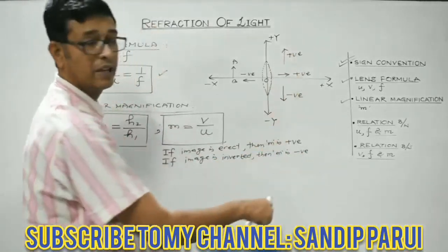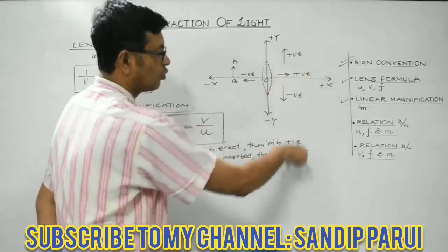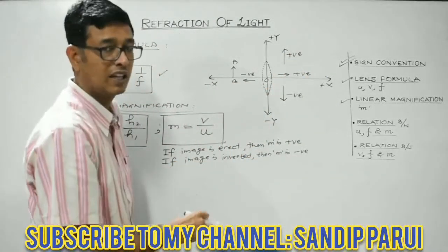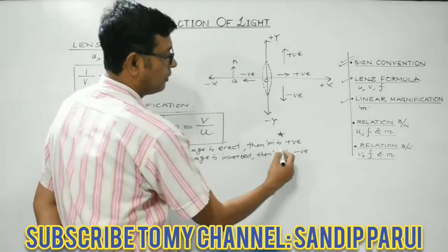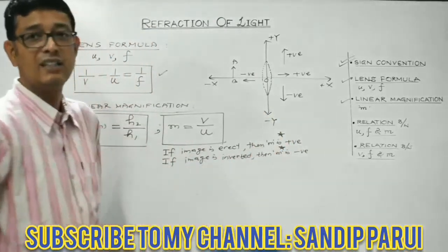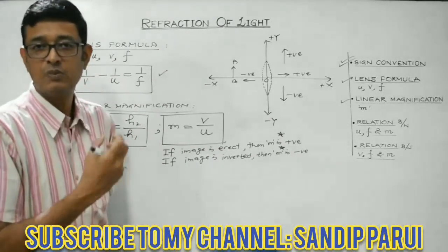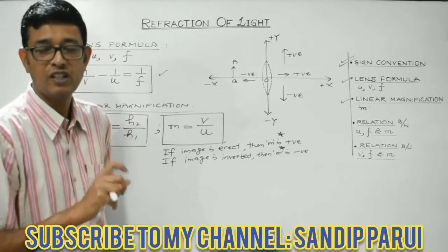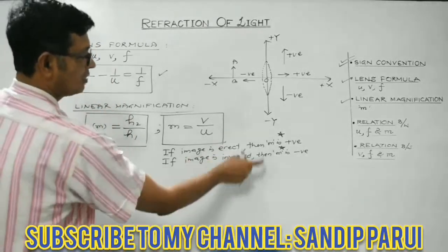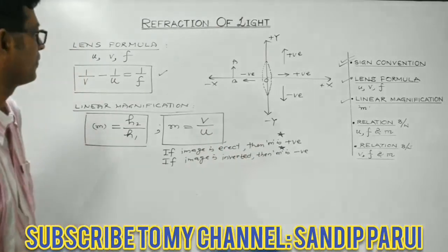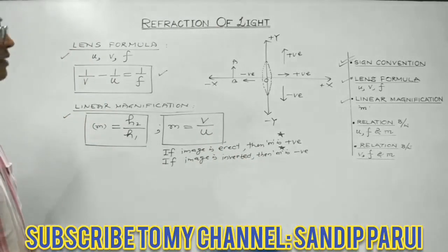So inverted image means the distance will be measured perpendicular to the principal axis and in the downward direction towards the negative axis. So it has to be assigned negative sign. So while dealing with numericals, you have to make use of the sign convention for linear magnification as well. m is positive for erect image, m is negative for inverted image. So please remember these 2 points. So this is about lens formula and this is about linear magnification.